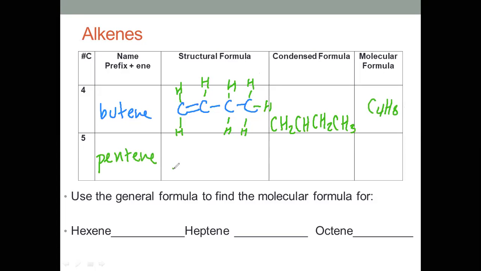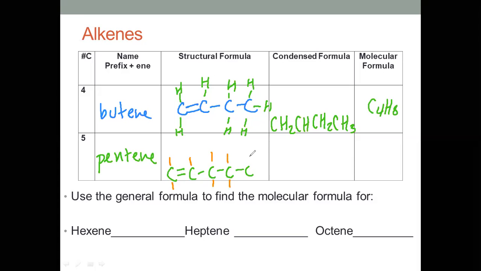And then final one, pentene. It's going to have 5 carbons. 4, 5. Okay. And then I'm just going to use dashes this time. So first carbon has 1, 2, so 3, 4. Second carbon, 1, 2, 3, so 4. Third carbon, 1, 2, 3, 4. Fourth carbon, 1, 2, 3, 4.